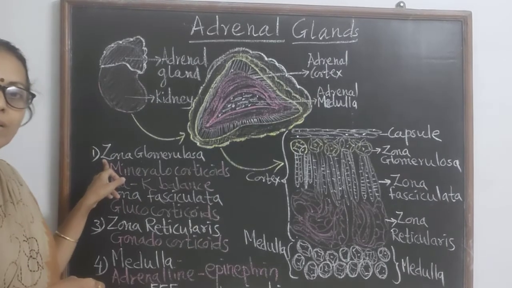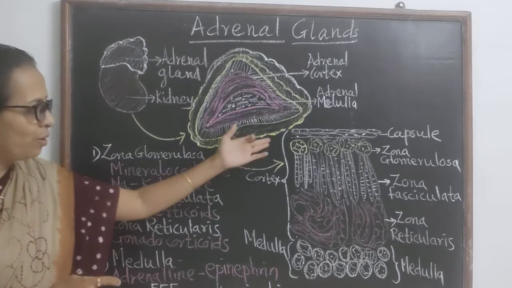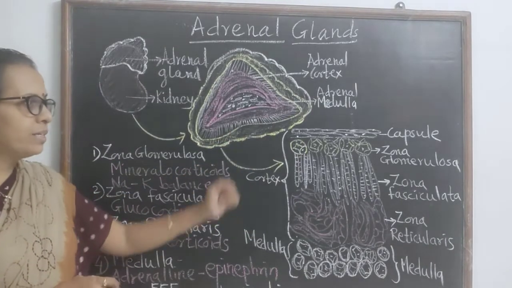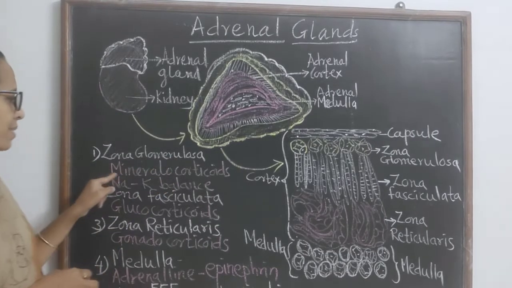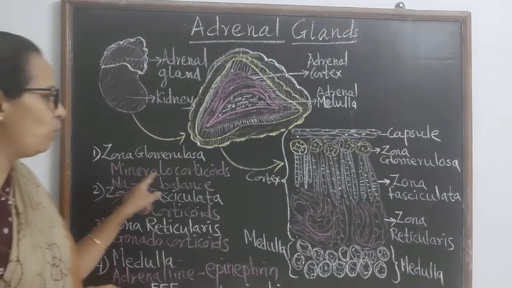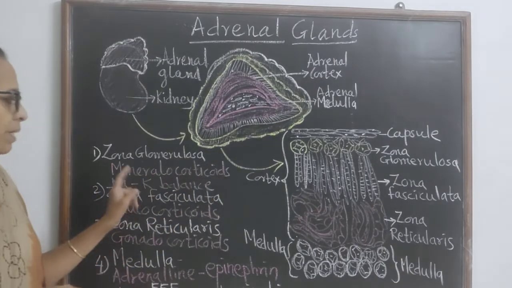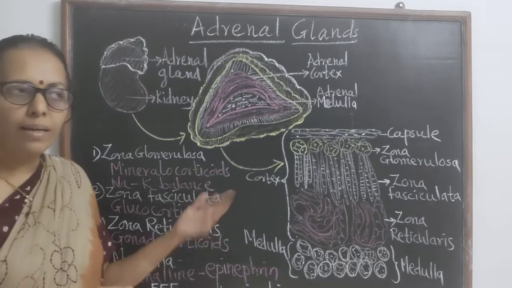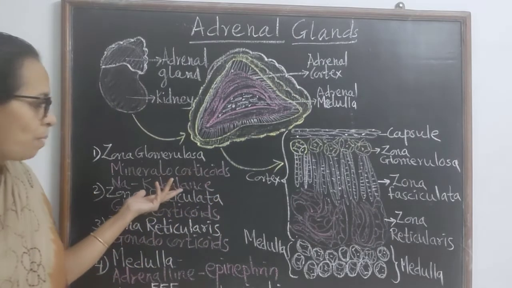The first layer of the cortex, which we have called zona glomerulosa, its secretion we call mineralocorticoid. Mineralocorticoids play an important role in the balance of minerals, that is the sodium potassium pump.